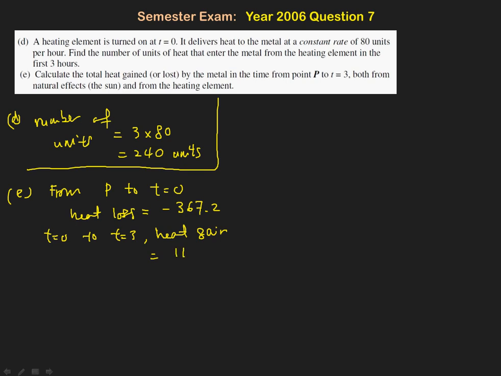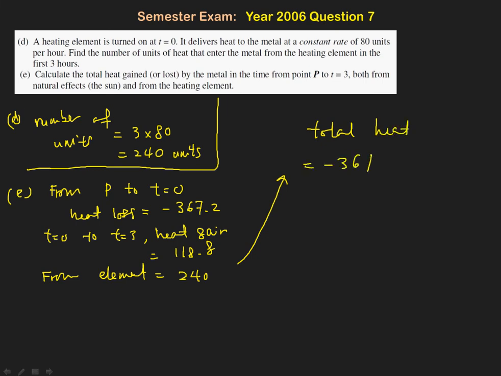And then finally, the heating element provides 240 units. So the total heat will be equal to negative 367.2 plus 118.8 plus 240 from the heating element, and this value is negative 8.4 units.